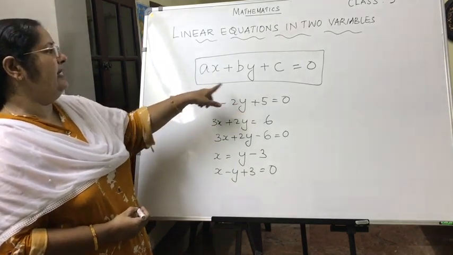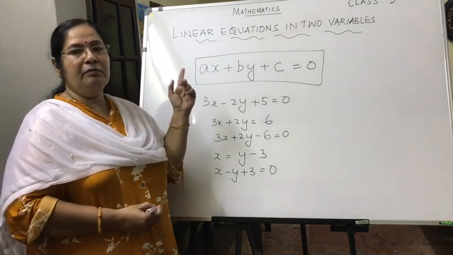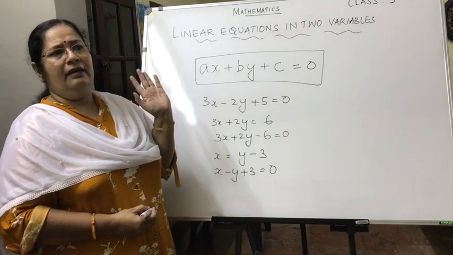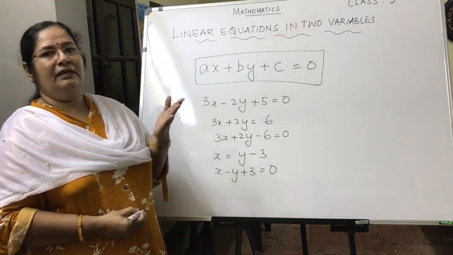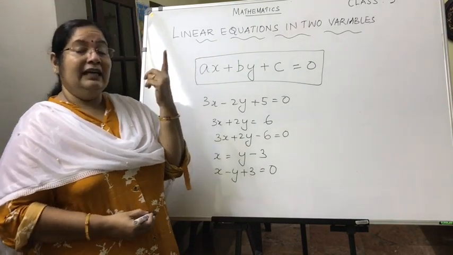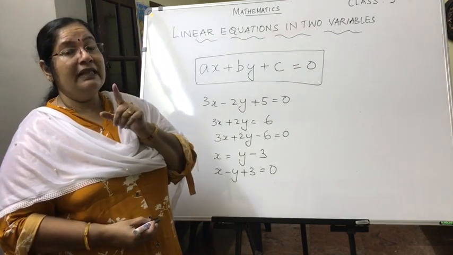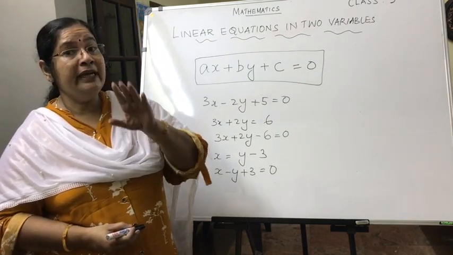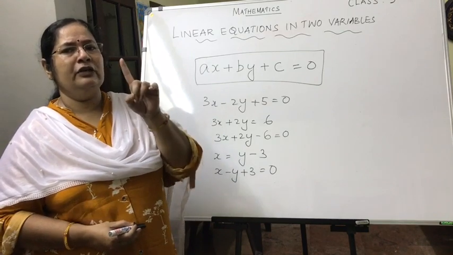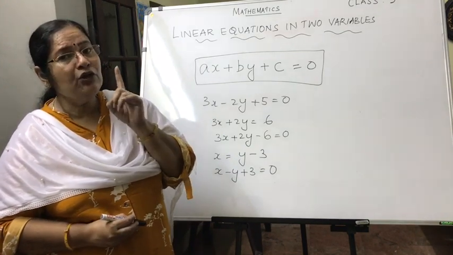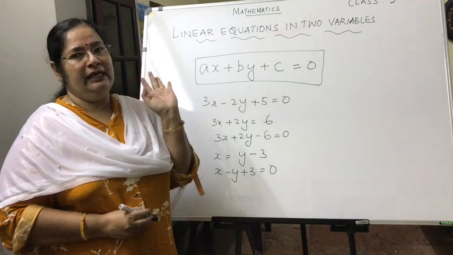So this is a linear equation in two variables. You are having both the variables x and y. Now coming to the solution part. We have learned a linear equation in one variable has only a unique solution, one and only one solution. That is, only one value of x will satisfy the equation.